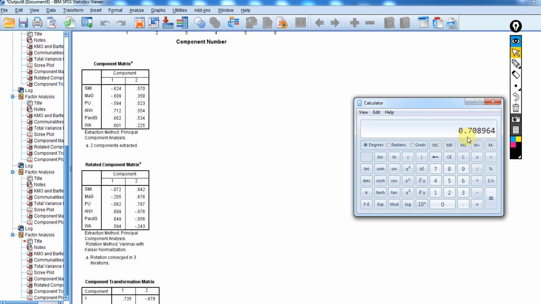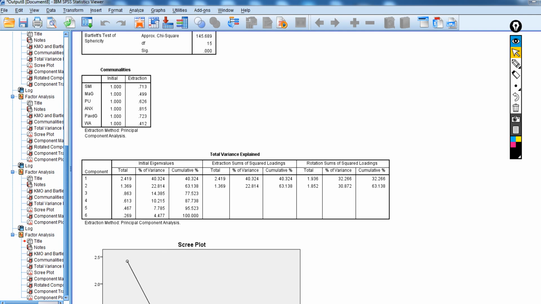The second one, if we take negative 0.072 and square it, that gets us 0.005. If we add that to 0.708, that leads us right back up here, and so our communality is 0.713, which is the percentage of variation that we just found here.